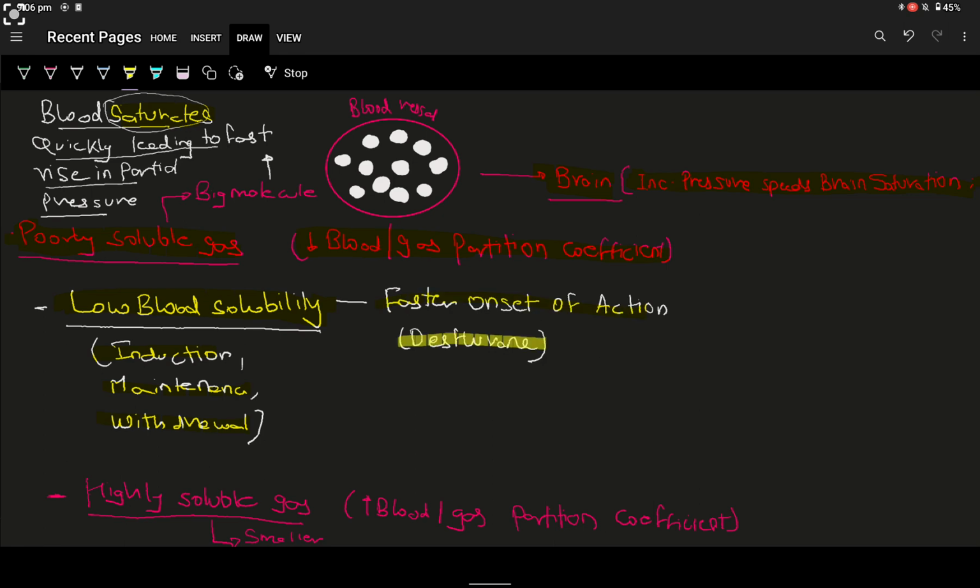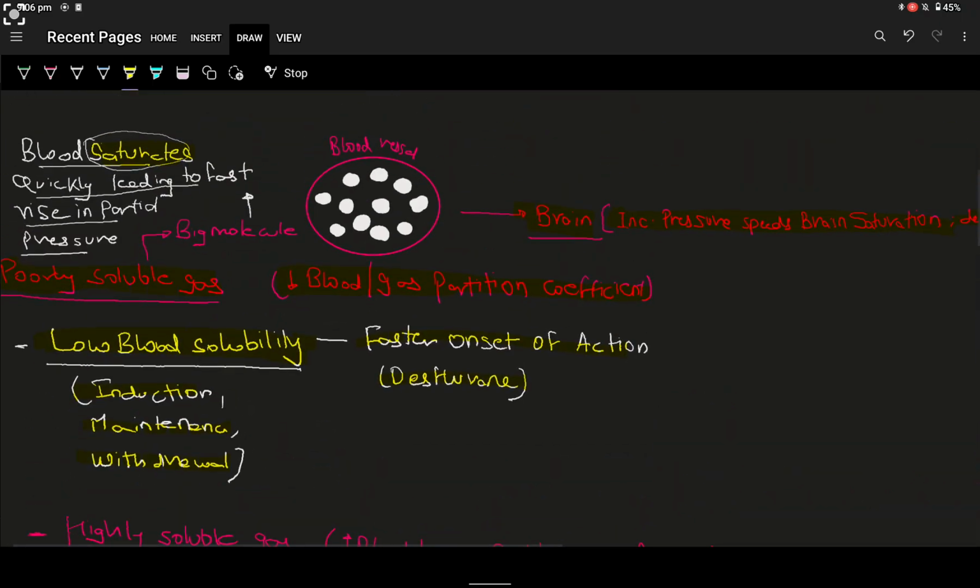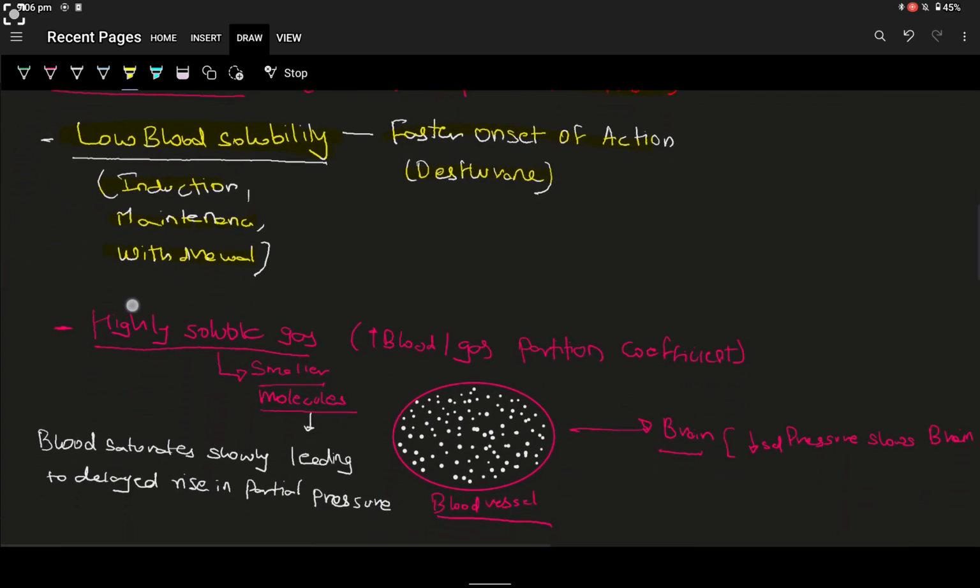The other example which we have is desflurane. These are the anesthetic molecules that are larger, and that is increasing the pressure in the blood vessel, and that is in turn increasing the saturation in the brain quickly.